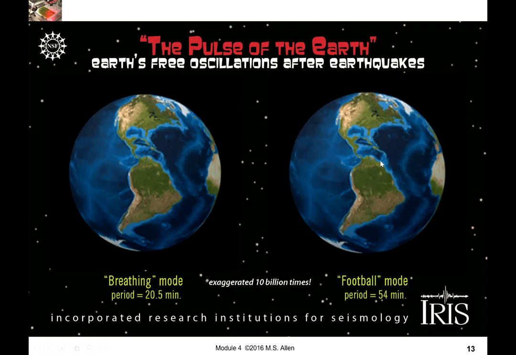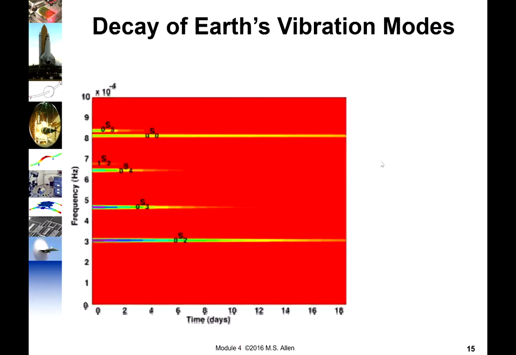Because the frequencies are so low, though, the vibrations last a really long time. This plot shows you the time in days after an earthquake or some event that excites the modes of vibration. And these are the frequencies. Notice the 10 to the minus 4 there. Really tiny frequencies. And so we'd have some of those fundamental modes here.